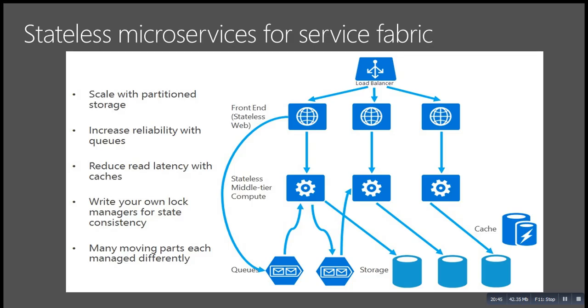So for each request and response, it doesn't maintain any state outside of its process, for one service call. And Azure Cloud Services worker roles are an example of a stateless service.